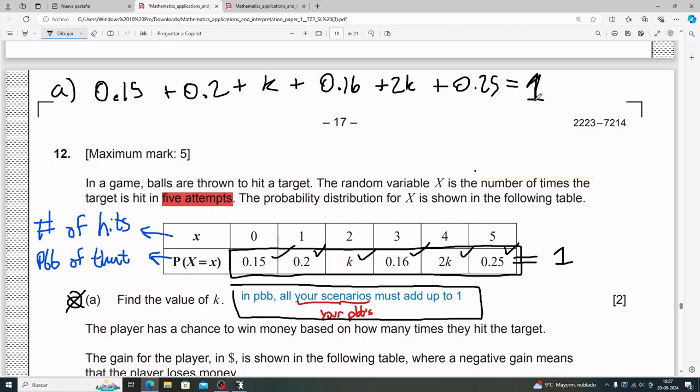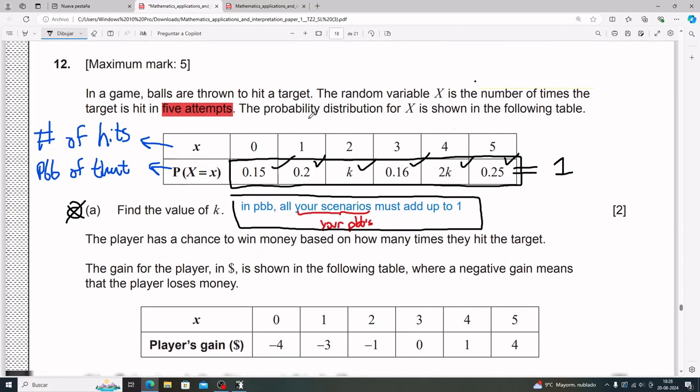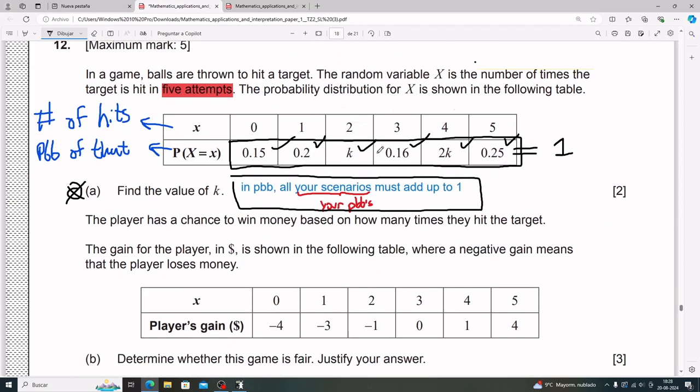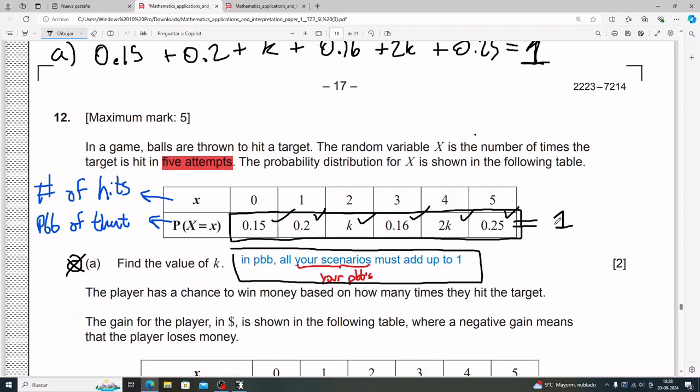Now some of you might be thinking, why the heck does it equal 1? Well, that's the thing. Here you have a whole number, here you have a decimal, but this could also be percents. So notice, 0.15 as a percent is 15%. 0.2 as a percent is 20%.